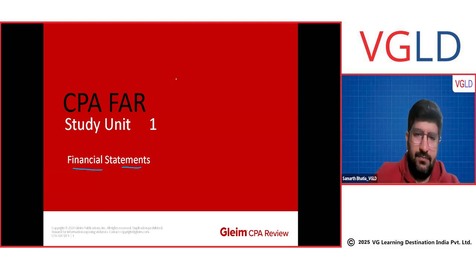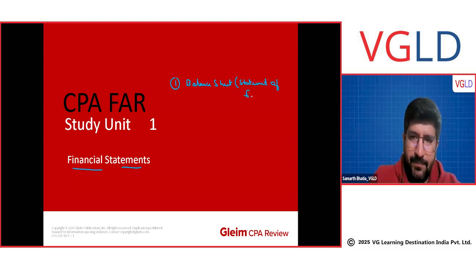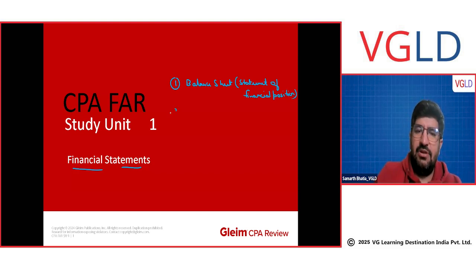Okay. So first we have the balance sheet, which is also known as the statement of financial position. Then we have the income statement.